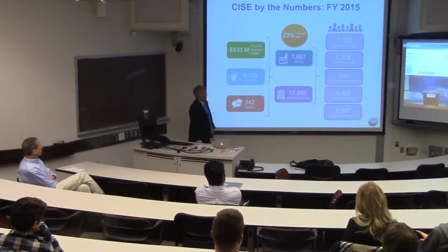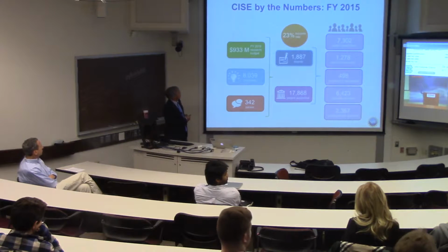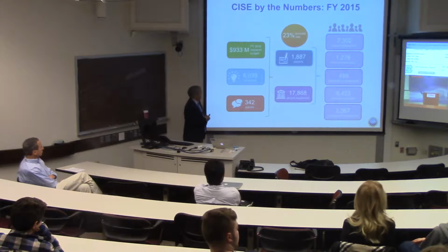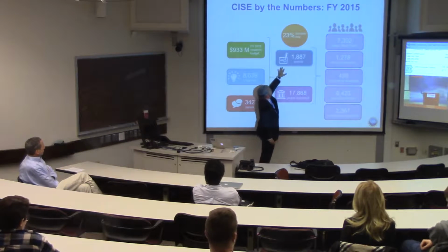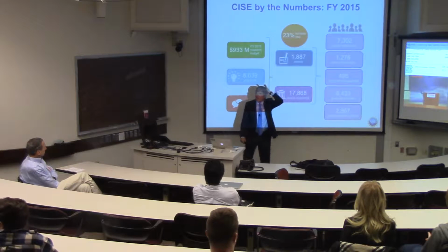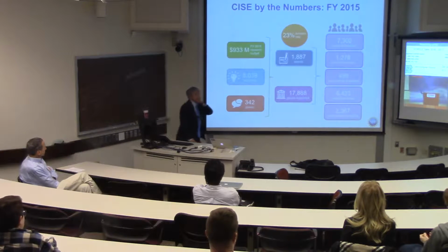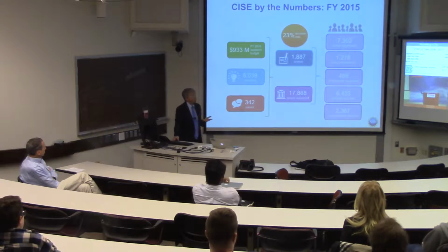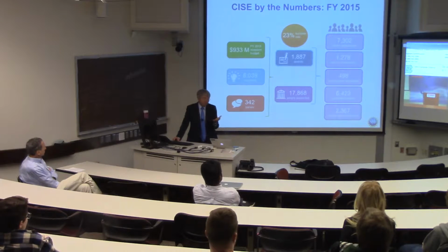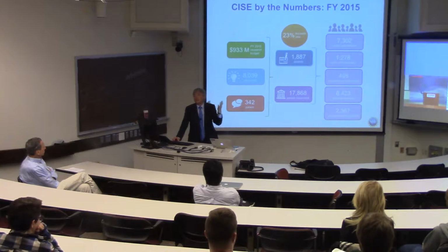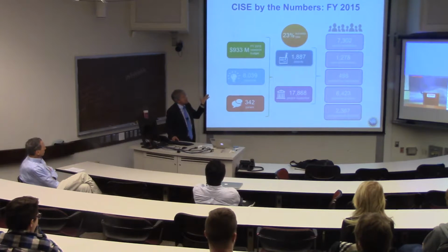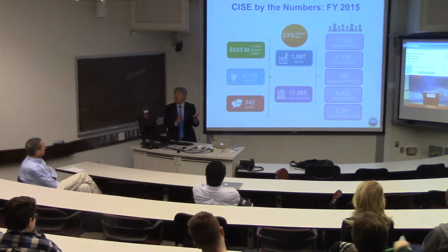But last year, our budget was $933 million. 8,000 proposals coming in, 1,800 awarded, and that orange thing up there, a 23% success rate. Let me comment on that a little bit. That doesn't count workshop proposals, things called EAGERs that are generally funded and have a very high hit rate, but that's the average over everything else that comes into CISE.